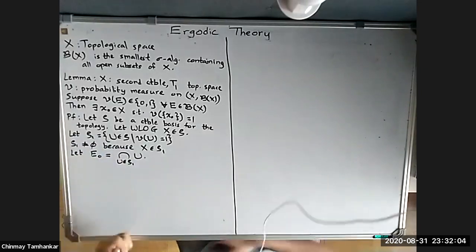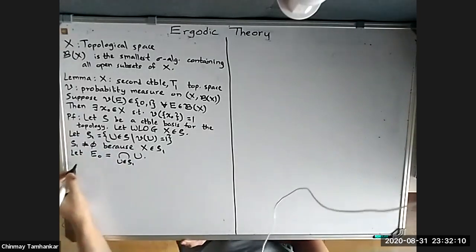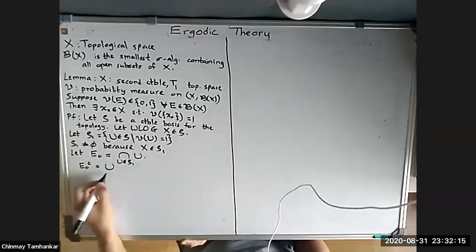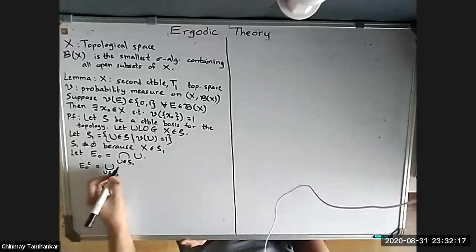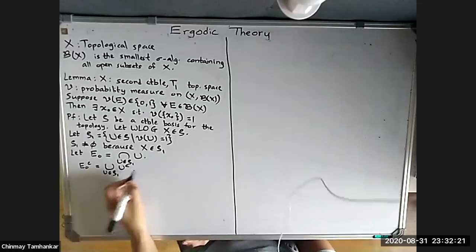Okay. So now we claim that the set E0 has full measure, that is measure 1. First we see that E0 complement is the union of all U complement where U varies over S1.